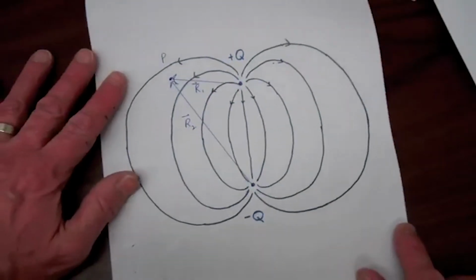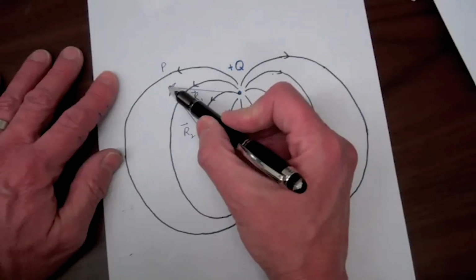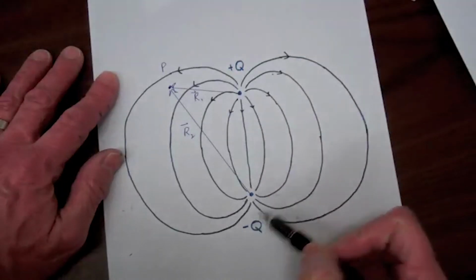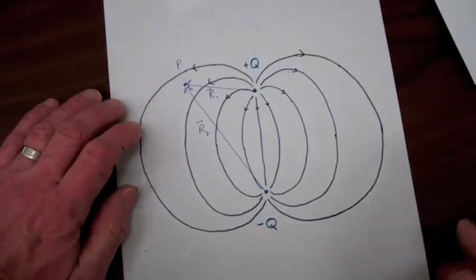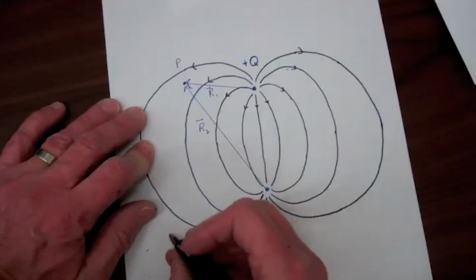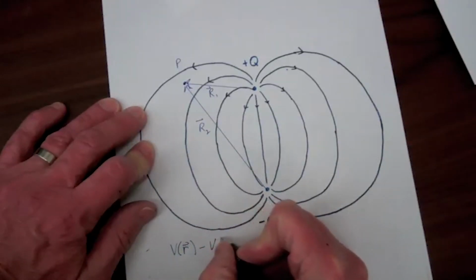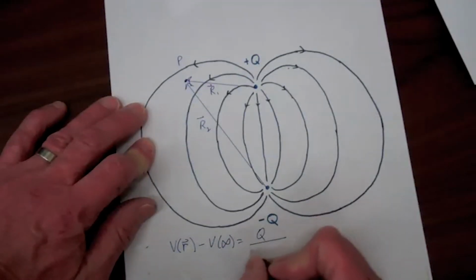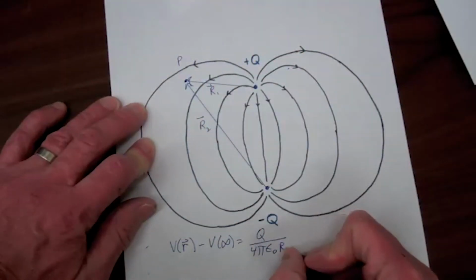We can use superposition to find the potential at this point by finding the potential first due to the plus q charge and then the minus q charge. The amount of work to bring 1 coulomb of charge from infinity to point P, at some location little r, is q over 4 pi epsilon sub 0 times the length of vector r sub 1.